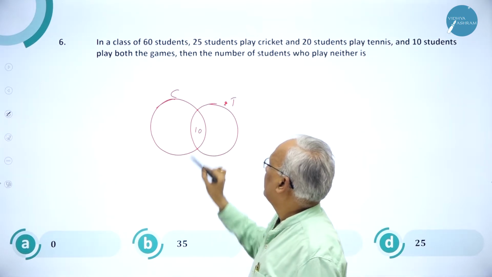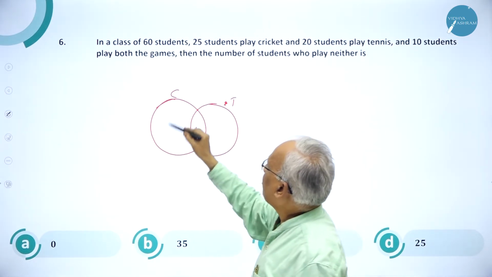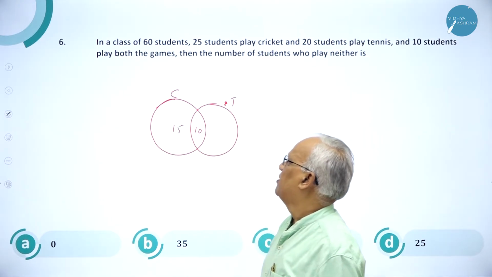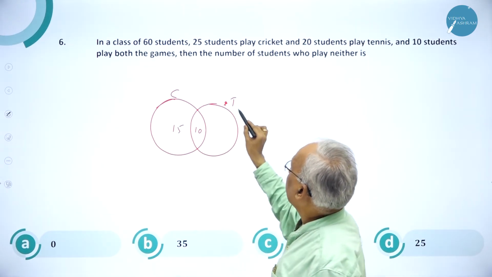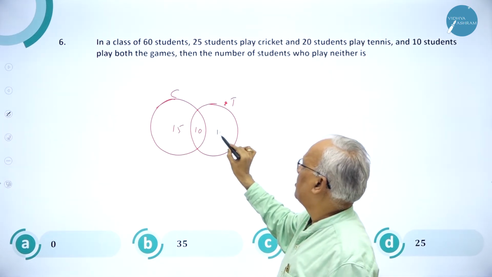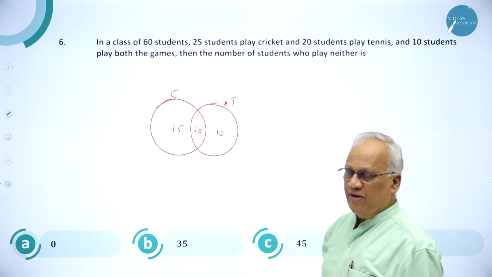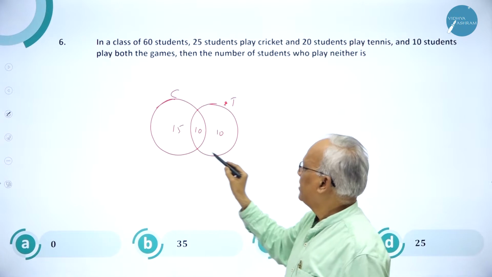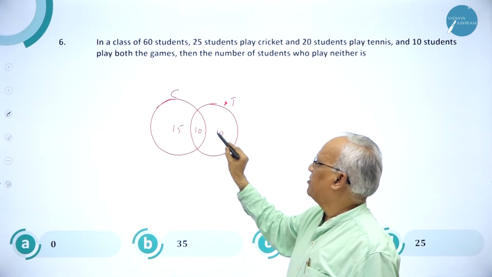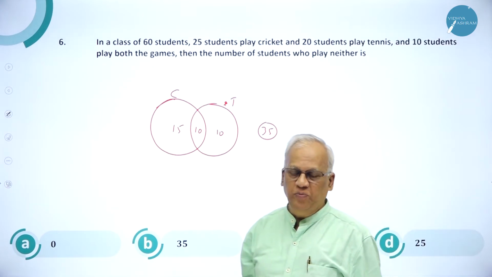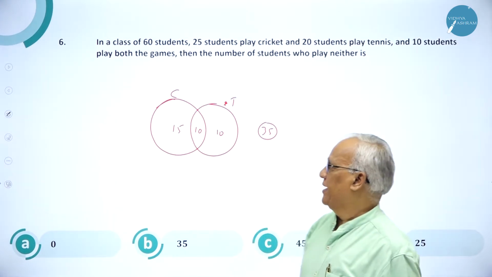So 10 in the intersection. 25 play cricket means this together with 10, so you have 15 only cricket. 20 play tennis means 10 already there, so you have 10. So number of students who play cricket or tennis or both is 15 plus 10, 25 plus 10, 35 is the number of students who play one of or both the games.